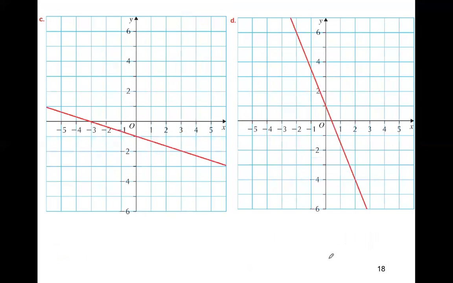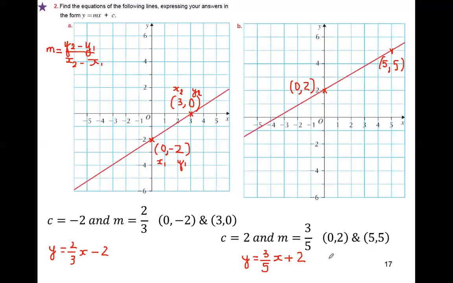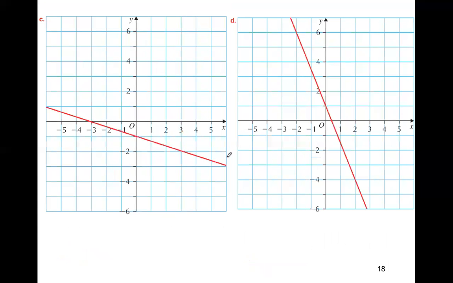In the next ones, as you can see, the first two examples were both going up in the right direction, so both of my slopes had positive gradients. In the next one, I can see that both are coming down. So I expect my gradient straight away to be negative, using this exact same technique that I was doing earlier on.